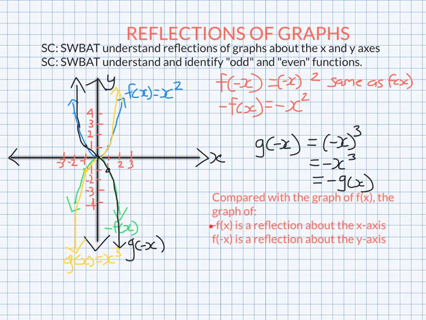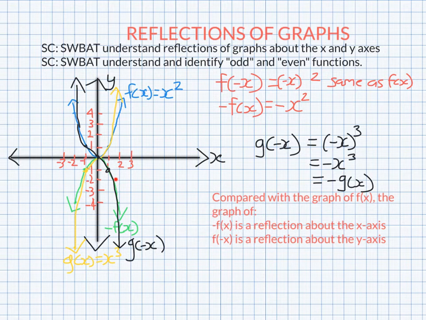So let's look at this first one here. We'll go back to our example of x squared. When we stuck a minus in front of it, when we graphed minus f of x, we got this green graph here. And this green graph is a reflection about the x-axis of the blue graph. But what about in this situation here? Well, minus g of x, which happened to be the same as this, is the graph in black.